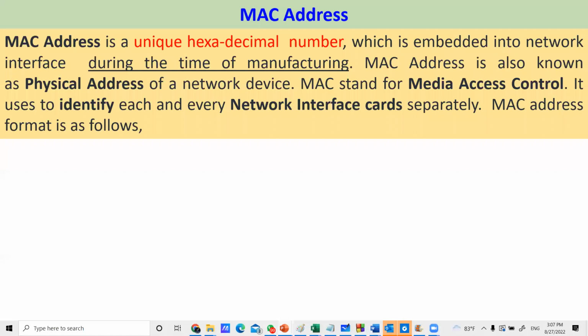This address is available to separate one network interface card from another, setting a unique identity for the network interface card. We need a way to identify NICs from each other. There are no same interface cards in two computers. How are they going to separate them? Using the MAC address, that's the hexadecimal number. Its format is like that.